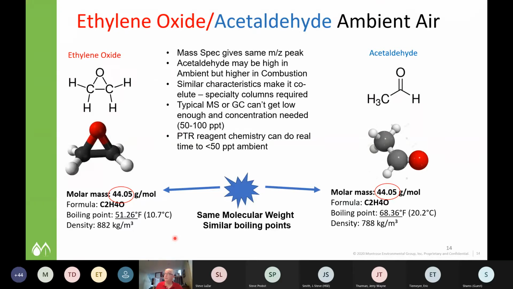If you look at the boiling points, they're very low. You stick them in a column, they're very similar. So it's hard to separate these without specialized columns. I have spent a lot of time doing that work. We've come up with a couple of options to ensure and prove that we're only doing ethylene oxide. So how do we do that?